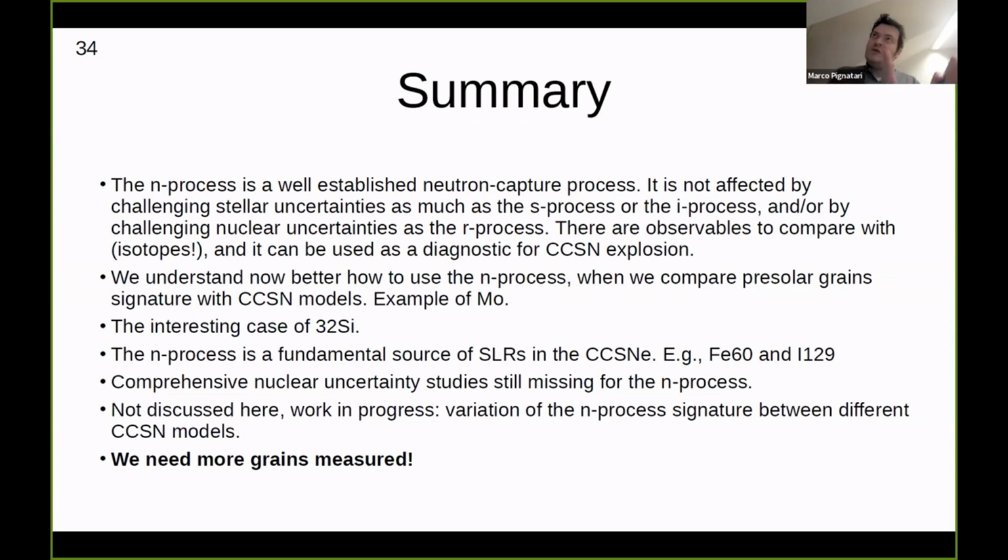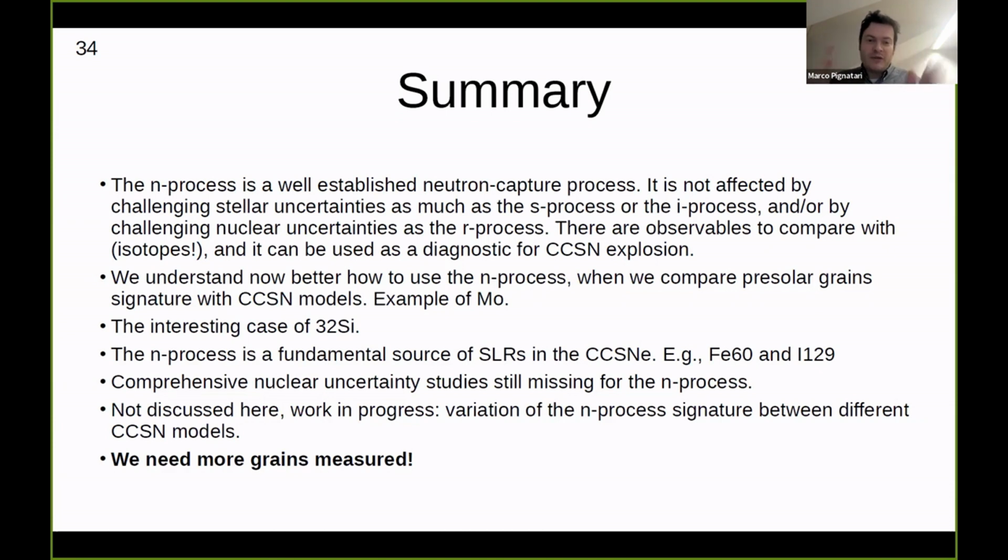But it's close to the valley of stability, so it also doesn't have the really challenging nuclear uncertainties that the r process has. And the cool thing is that they are observable, as isotopic patterns, and this is what makes them really constraining. For presolar grains, they can be measured really accurately in laboratories.